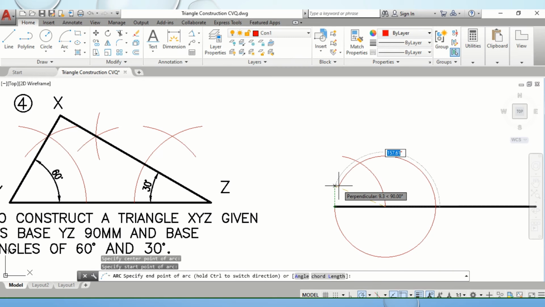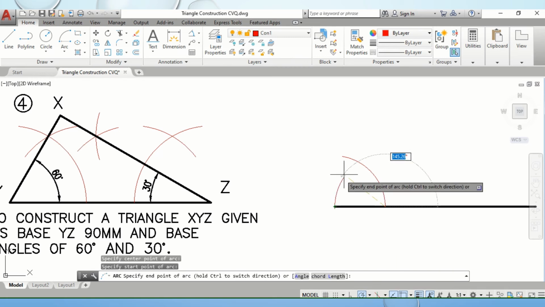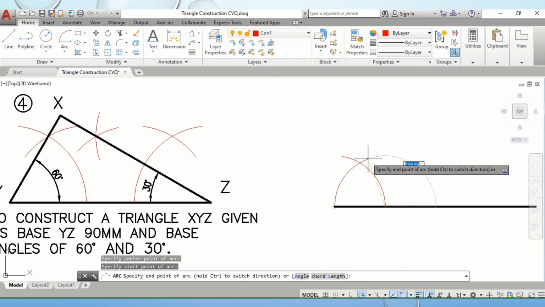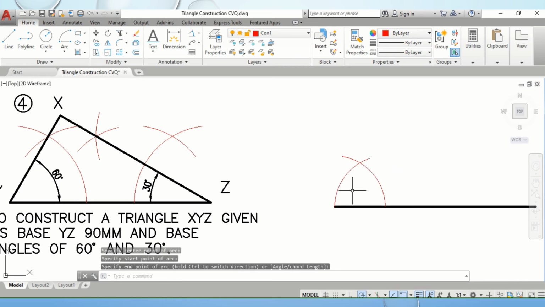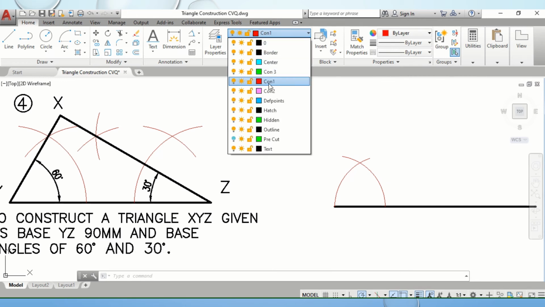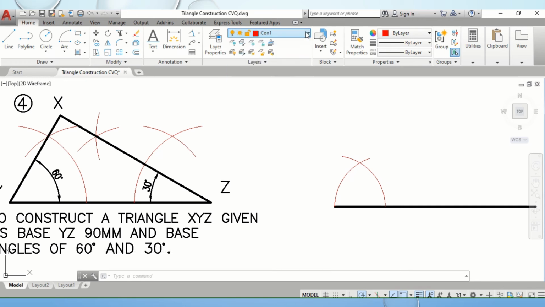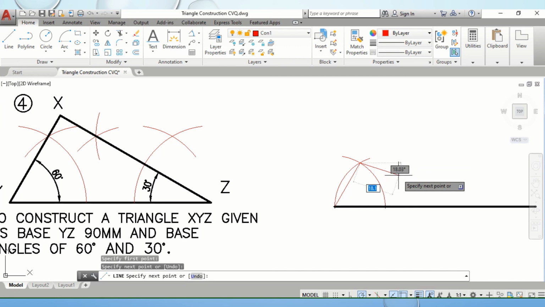Open it out to our start point. To get the arc to draw clockwise, we are using the Control key. This construction will give us 60 degrees.